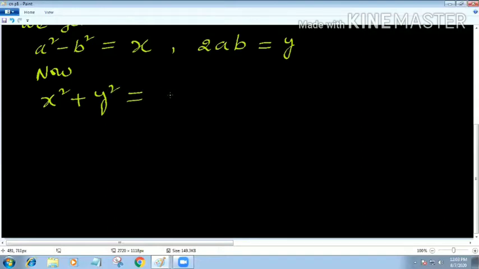So what is x? a square minus b square. This is x, and square, x square plus y square. y is 2ab, y square.